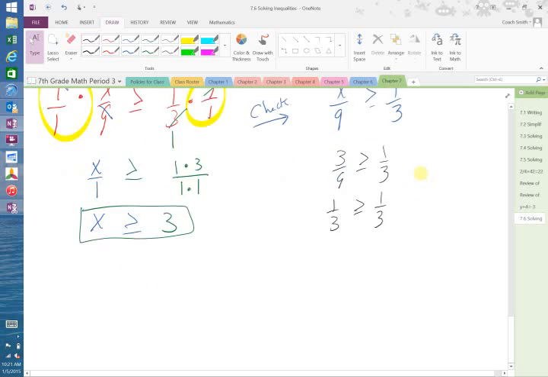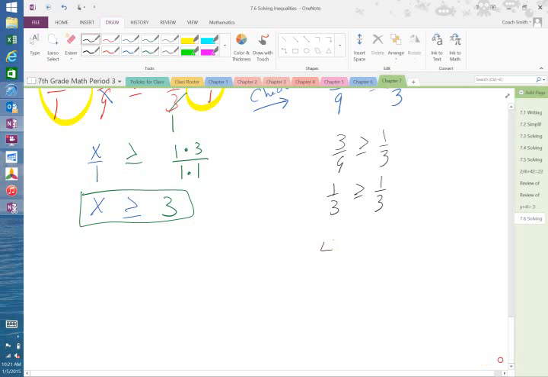Well, let's say I plug in a 4. 4 over 9 is greater than or equal to 1/3. Can I reduce 4 over 9? No. But 4 over 9 is almost a half, right? Because 4 1/2 over 9 would be half. Is a half greater than 1/3? Yeah, it is.